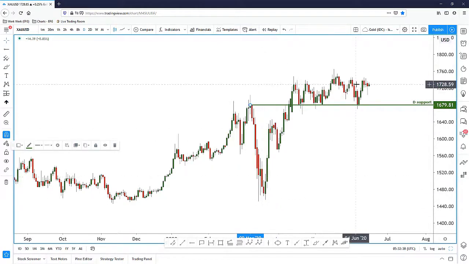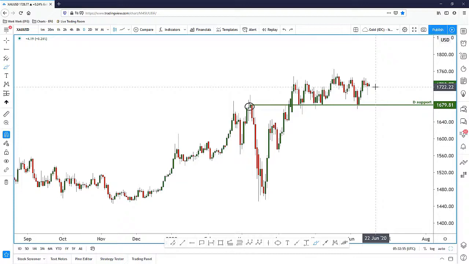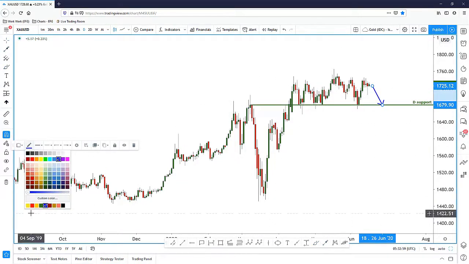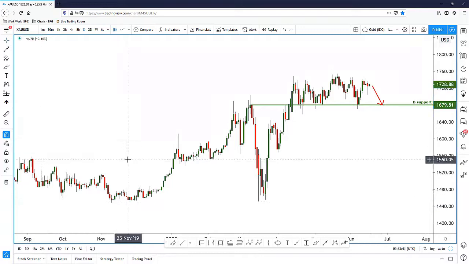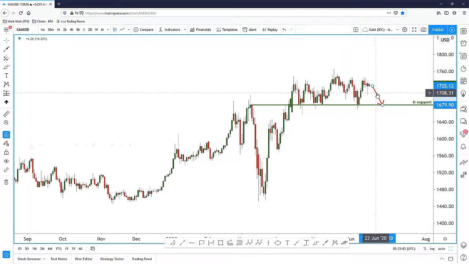We see that price has actually reacted at this place, and then there was this small reaction candle after it broke, and then it held here, came back, tested it a second time, came back and tested it a third time before bouncing and coming down. So what I'm thinking gold could do in the short term, we should see gold make a push down back to the daily support.